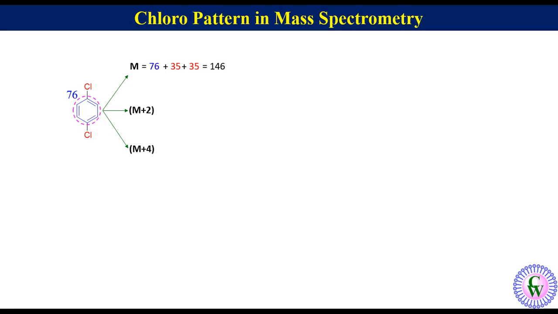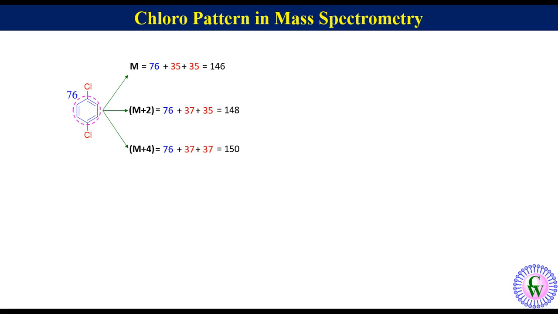The mass of the M plus 2 peak will be 76 plus 37 plus 35 is equal to 148, and the mass of the M plus 4 peak will be 76 plus 37 plus 37 is equal to 150.